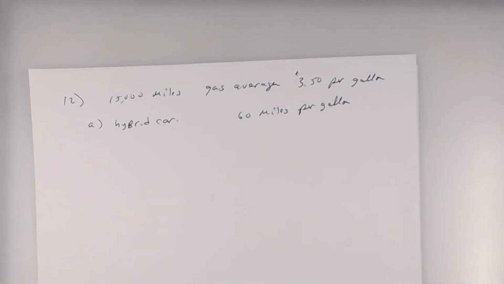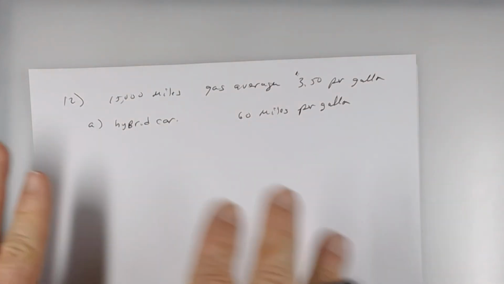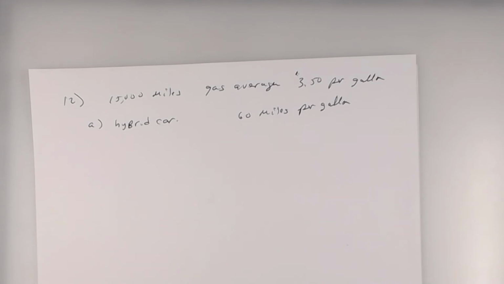Now remember, whenever you get just electric cars, you have to pay for electricity somehow to get that thing charged up. So you have all these other issues. But for this particular case, they just want you to compare fuel cost. So this hybrid car gets 60 miles per gallon. Let's find out how much the fuel cost would be for this hybrid car.